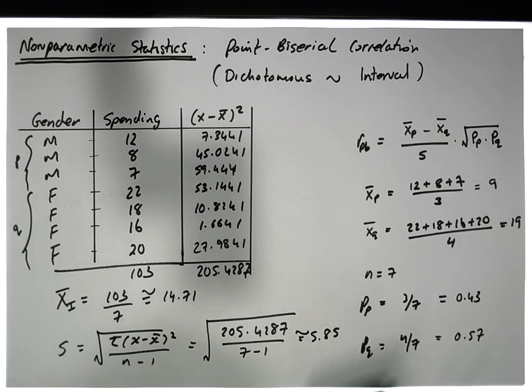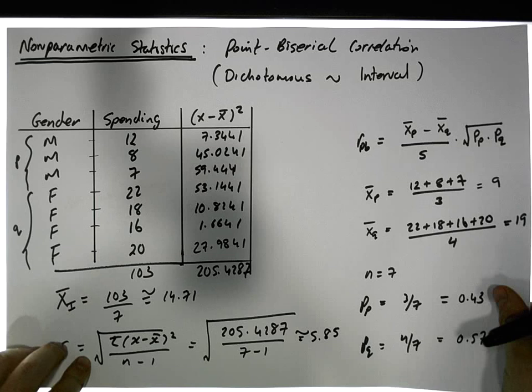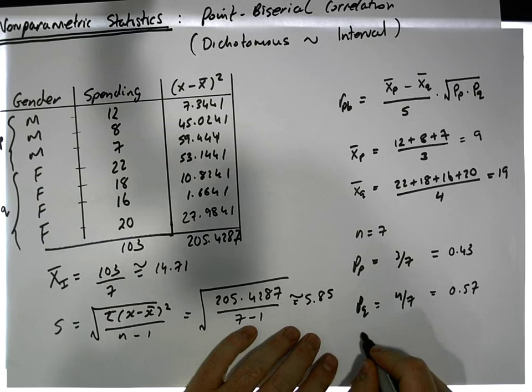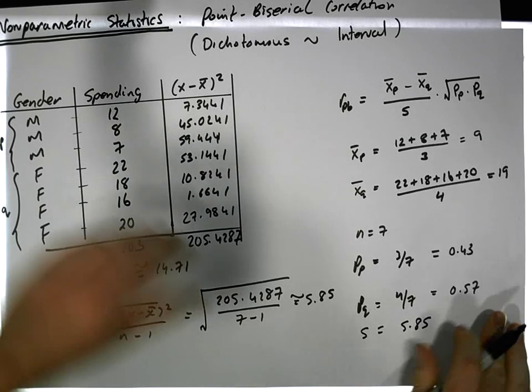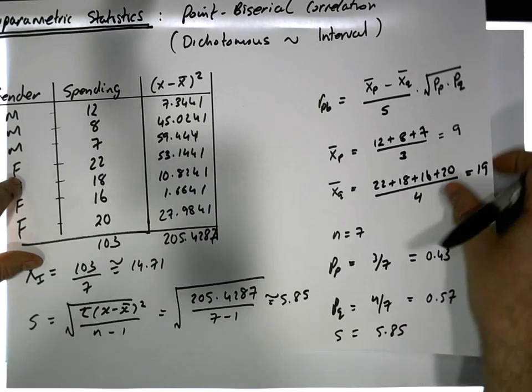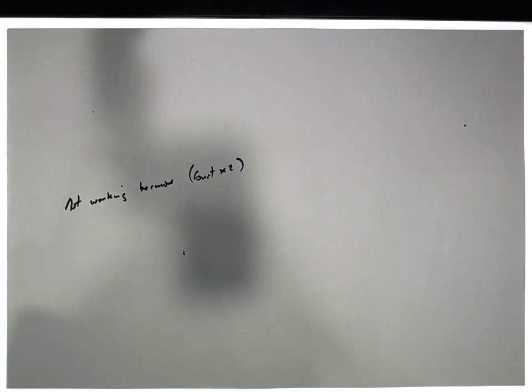Okay, so now we have S, so effectively we have everything that we need. So S is equal to 5.85.